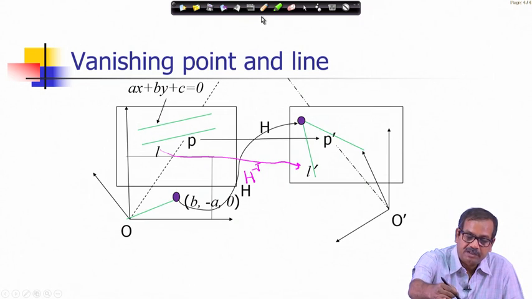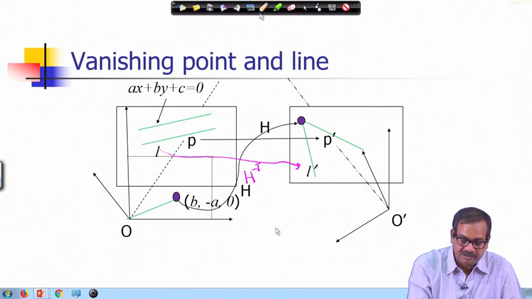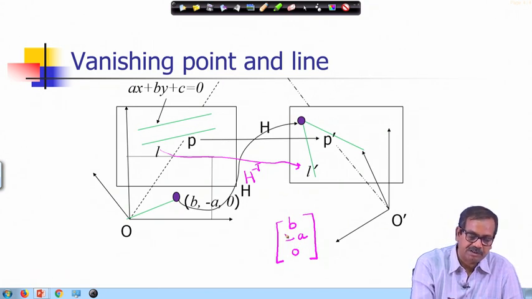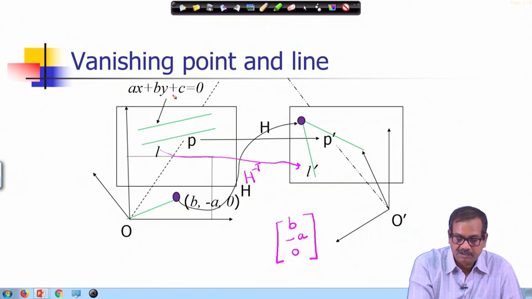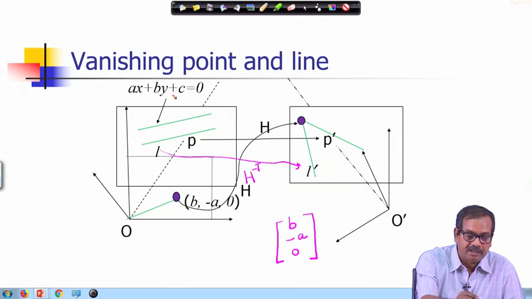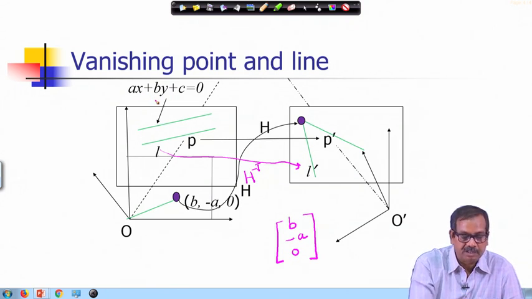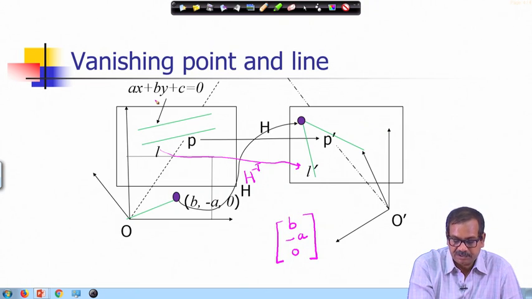So, we have to represent the intersection point of the parallel lines in the original space, which incidentally is (b, -a, 0). This column vector represents the intersection point for all lines which are parallel to the line ax + by + c = 0.